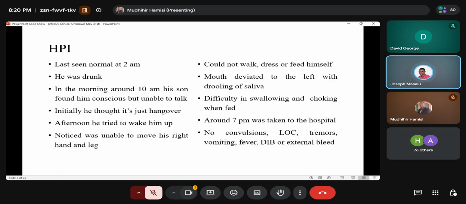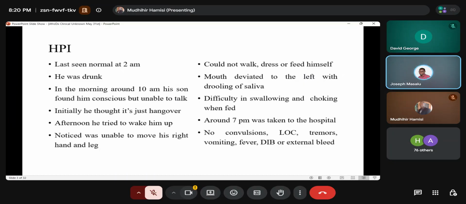But what is the one to think of first here? Well, you should think of a stroke before doing anything else, because if the patient is within time and you can access the proper management, you can save them, because stroke is a devastating disease afterward.